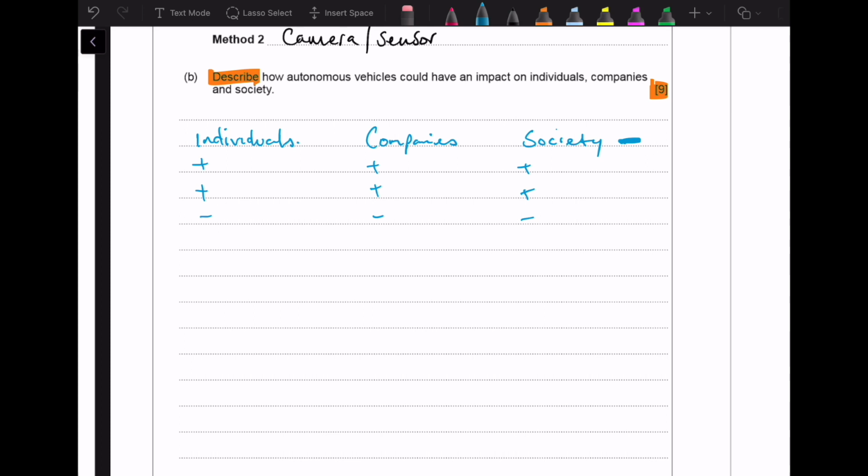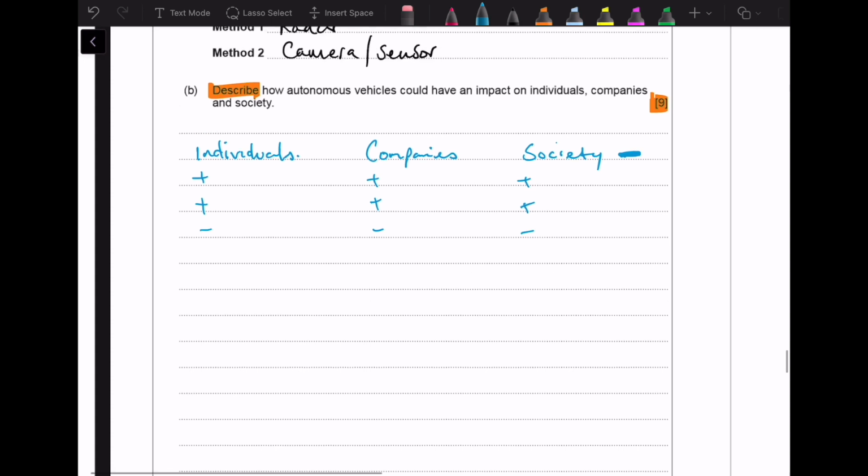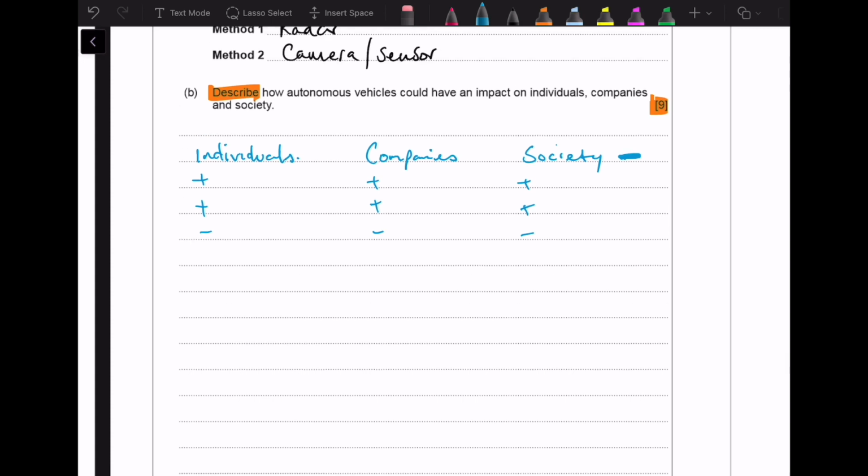But you've also then got other things as well, of the car sales may go down because obviously fewer people are needing cars. There may be fewer mechanics because you don't need them as often, that sort of stuff. Okay, in terms of companies, right, we look at the economic impact.